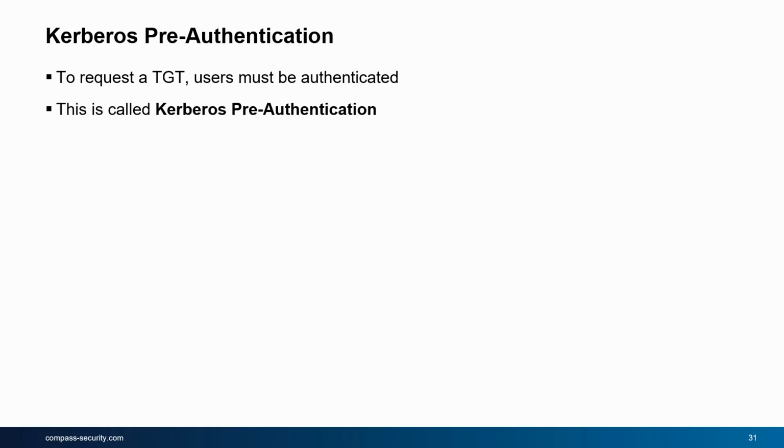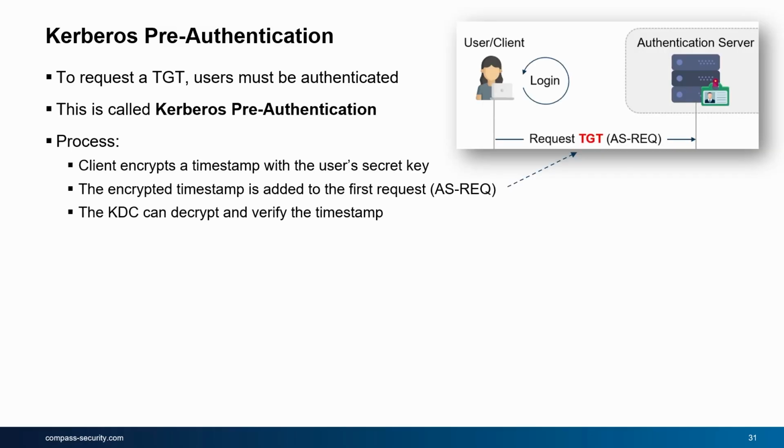Now, some more details on the pre-authentication feature. We've already learned that to request a TGT, in general, we must be authenticated, so we must prove to the KDC that we are the right user, or that we are in possession of the user's password, and this is called Kerberos pre-authentication. The process for this is quite simple: our client takes the current timestamp and encrypts it with the user's secret key.